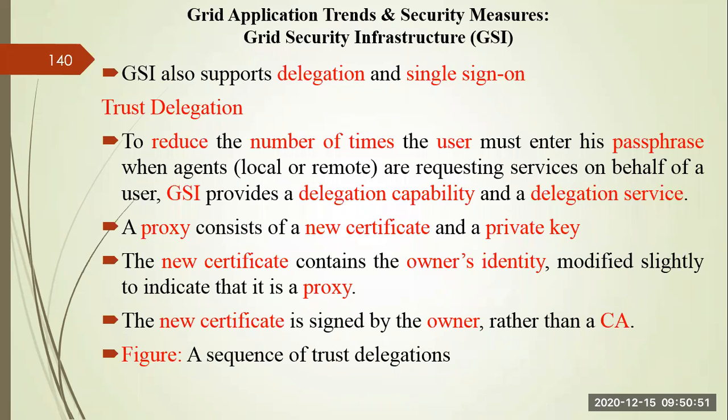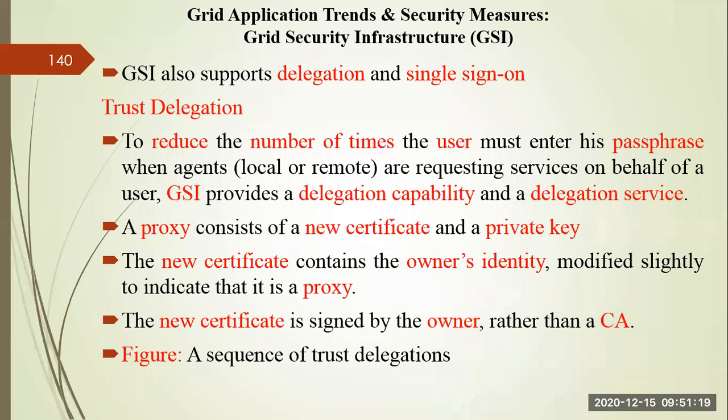The new certificate contains the owner's identity, modified slightly to indicate that it is a proxy certificate. One can identify whether it is a proxy certificate or a normal certificate. And the new certificate is signed by the owner rather than the certification authority. The certification authority is not signing the new certificate. The rest is done by the owner.